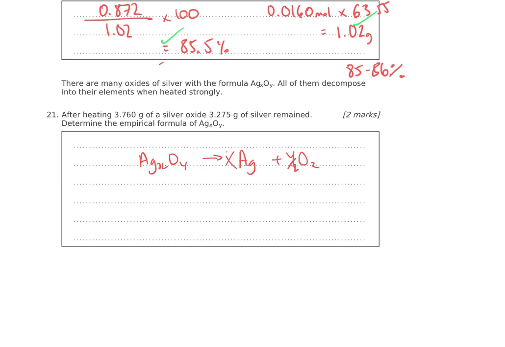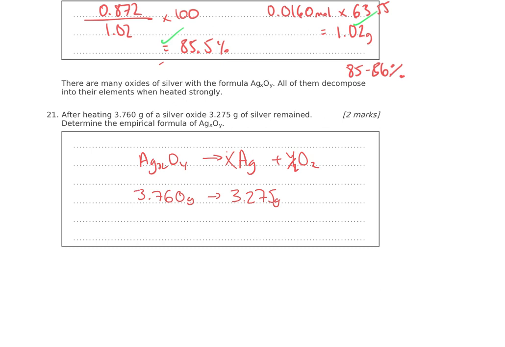So we have 3.760 grams, and we end up with 3.275 grams. So remember, the reactants must equal the mass of the products because atoms can't be created or destroyed.